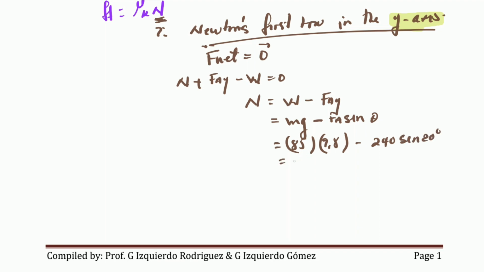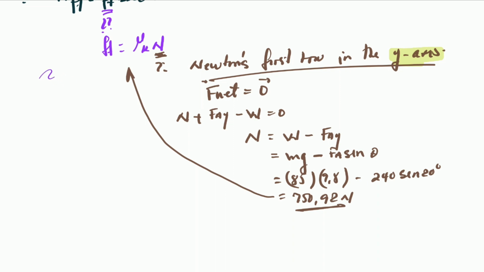Okay, and then when you substitute all the values, the normal force will be 750,92 Newton. And now this value from the normal force must be substituted there for the frictional force, which we were going to substitute real fast. So now we are back here, frictional force.